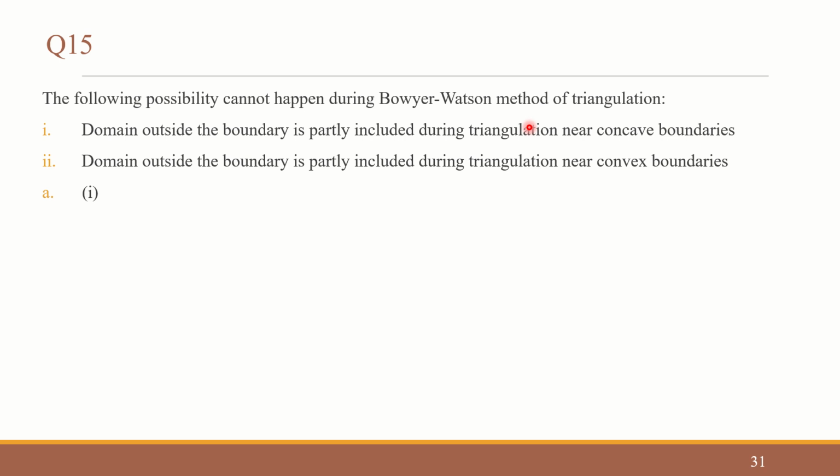So option A, it is 1. Option B, it is 2. Option C, both 1 and 2. Option D, it is neither 1 nor 2.